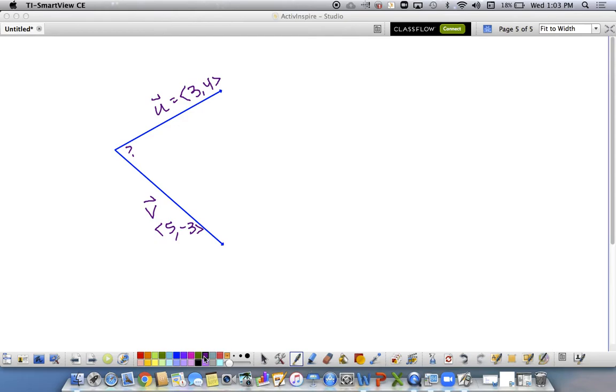This says to find the angle between 2 vectors. So we're going to find the theta. We will do this.